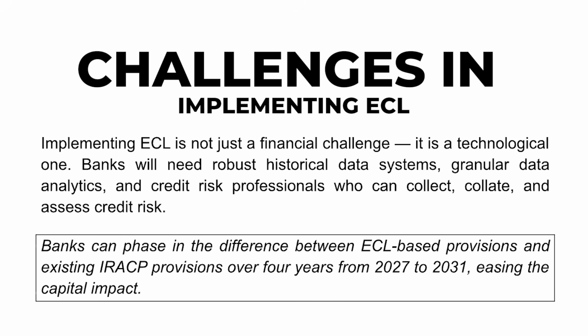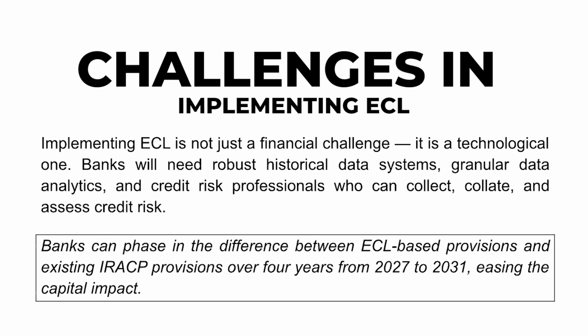Banks can phase in the difference between expected credit loss based provisioning and the existing IRAC, that is income recognition and asset classification, provisioning, over 4 years from 2027 to 2031. They will have to run them in parallel, and then move over to the next stage.